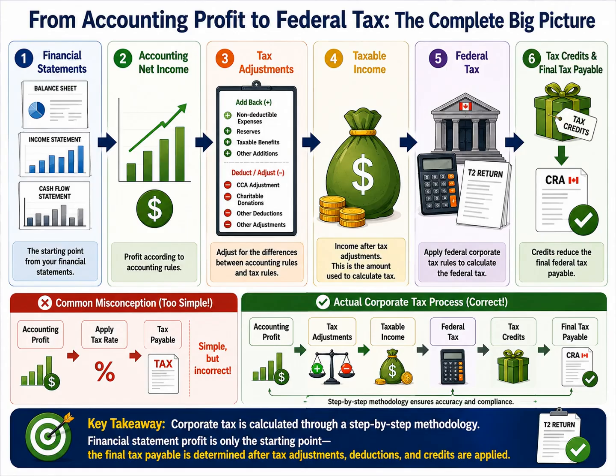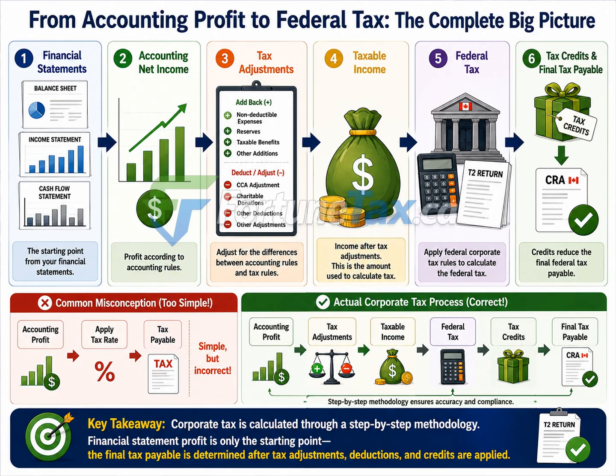To understand the complete federal corporate tax calculation process, it's helpful to look at the entire journey from beginning to end. Although the final objective is to determine the corporation's federal tax payable, that amount is reached through a series of logical calculation steps. Everything begins with the corporation's financial statements.